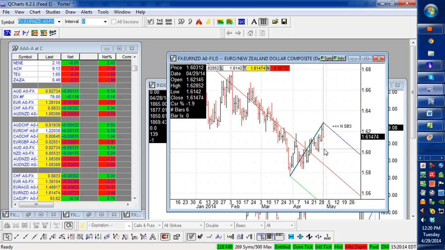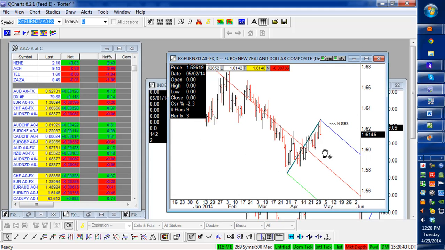So out of all this mishmash, what I've effectively done is look at a bunch of charts, but I've done more than that. I looked at EUR USD, and that gave me south, and I've looked at EUR NZD, and that gave me a very strong north. So going short EUR NZD seems like a reasonably good idea to me, and that's what I'm looking at at this point.